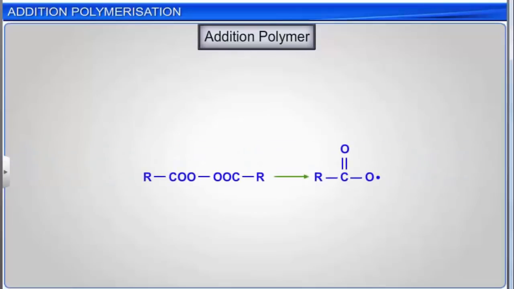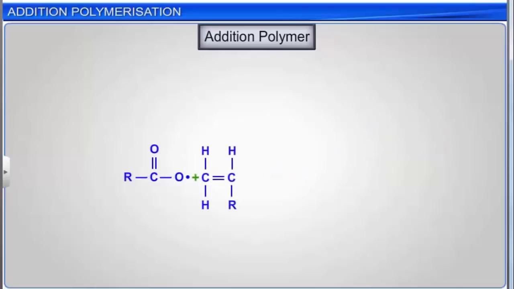This type of polymerization involves a series of reactions, each of which utilizes a reactive particle, such as a free radical, and produces another similar reactive particle. Thus, free radicals induce a chain reaction.